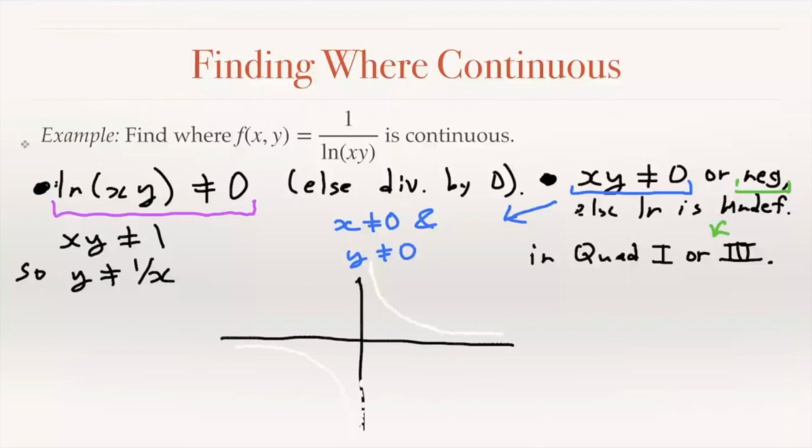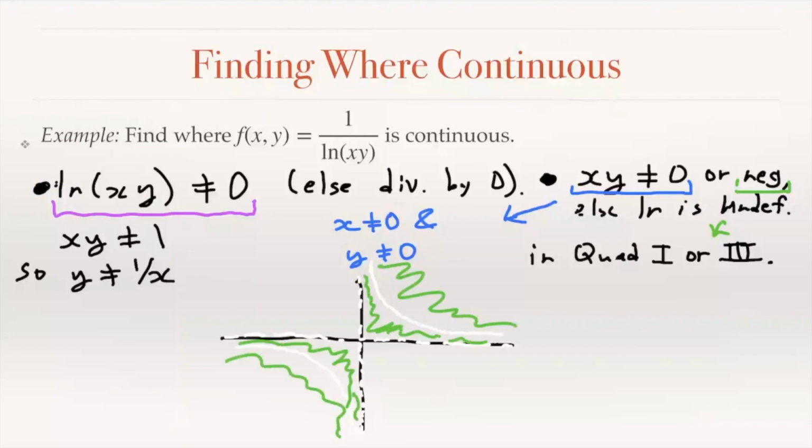Also, we do not lie on the x or y axes, because neither x nor y can be 0. So the points in quadrants 1 and 3 that do not violate that are all of these points. The white means that we're not in it, and we're not in quadrants 2 or 4. So that is both the domain, and it is where it is continuous.